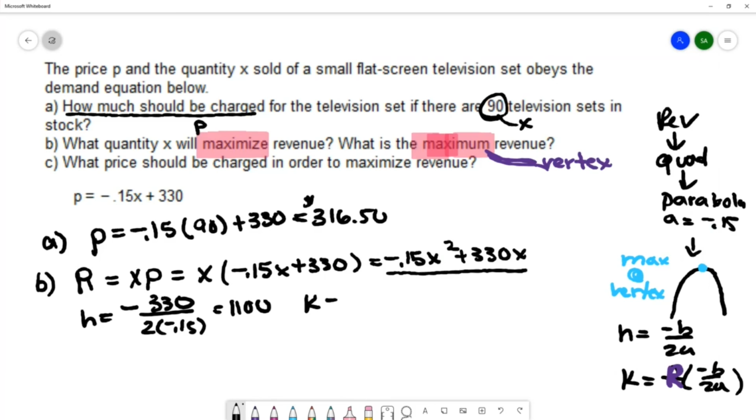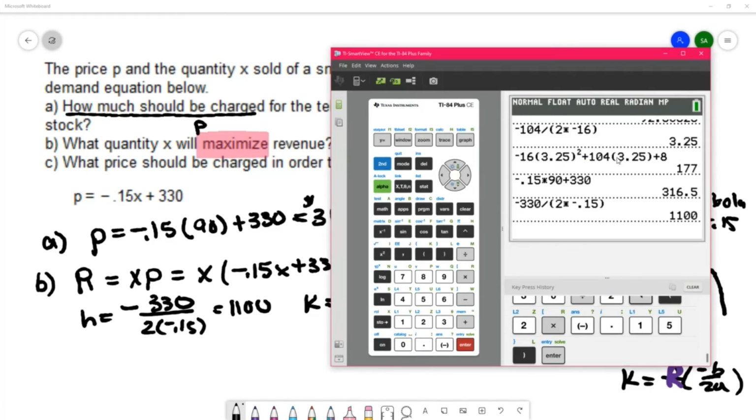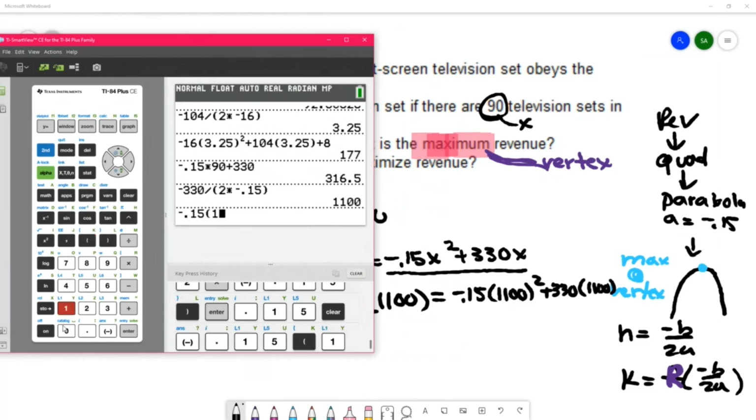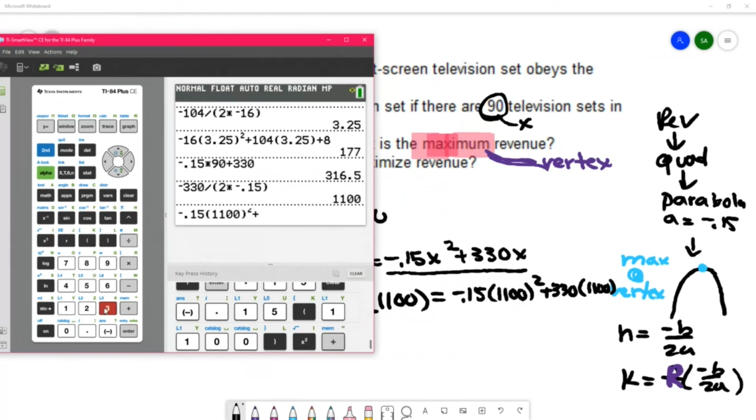And then k is the revenue at 1100 units. Negative 0.15 times 1100 squared plus 330 times 1100. We'll type that in the calculator as well. Excuse me, that should be negative 0.15 times 1100 squared plus 330 times 1100.